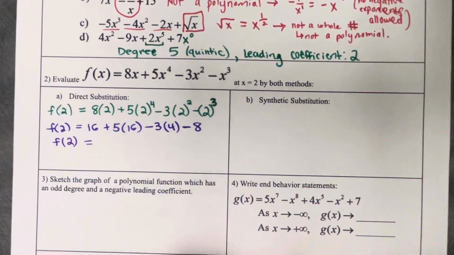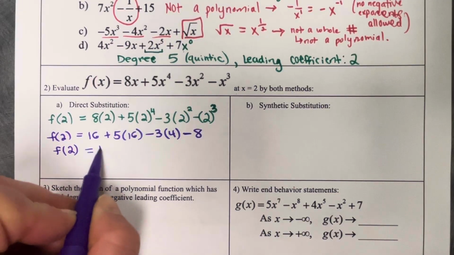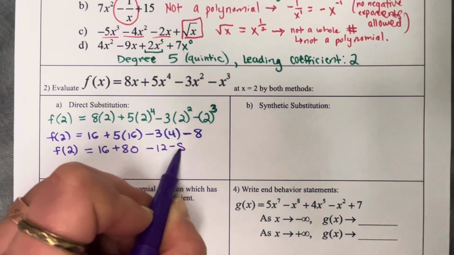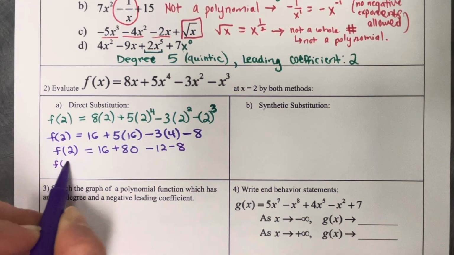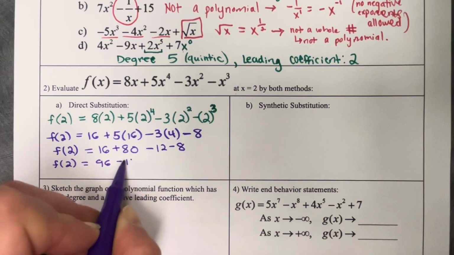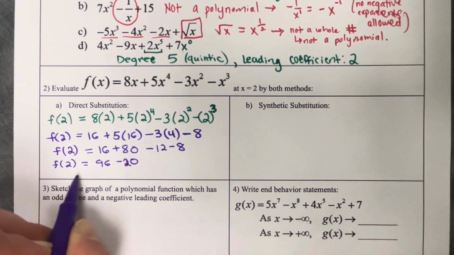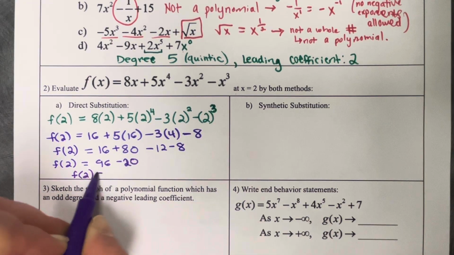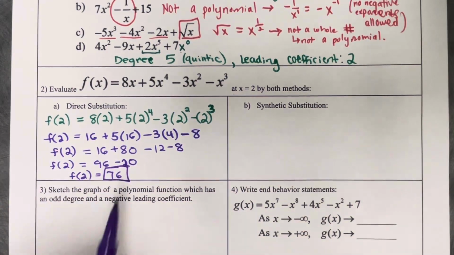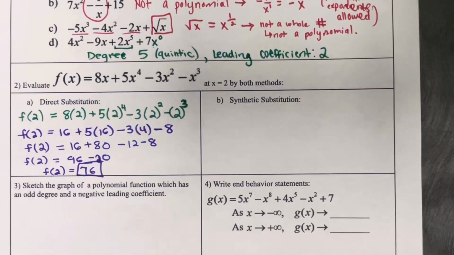Then we can keep simplifying this, so 16 plus 80 minus 12 minus 8. We get 96 minus 20. That would be 76. Now let's see if we get the same answer by synthetic substitution.